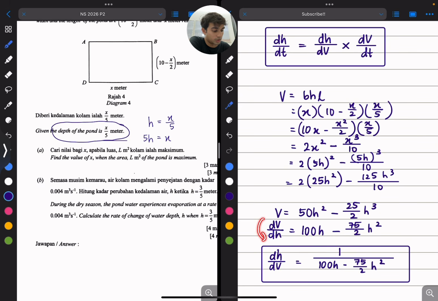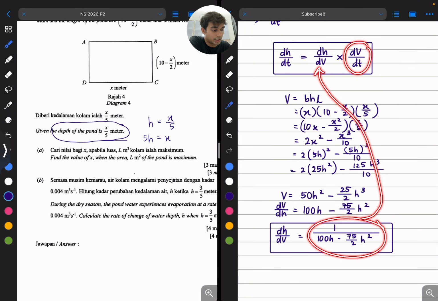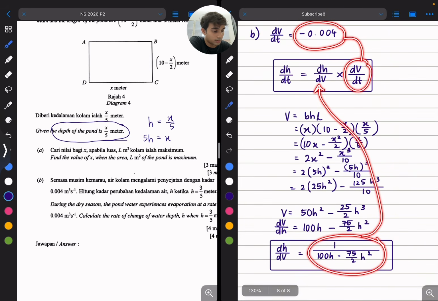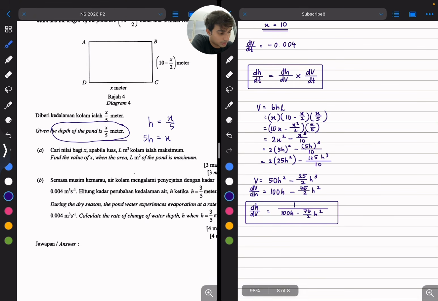Okay, dv dh, you just swap lah. Okay, this is over 1. So when you swap, it will become 1 over. Right. So this one, we put it in here. dv dt, we already had it from earlier. So you sub these two, you can get dh dt. Okay, let me do at the side here so you can see.